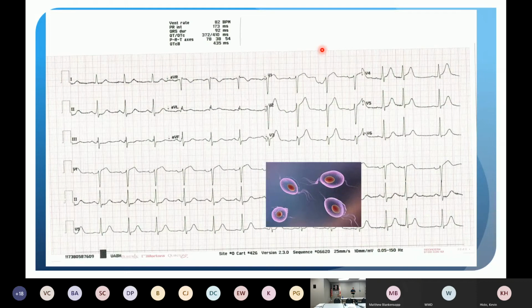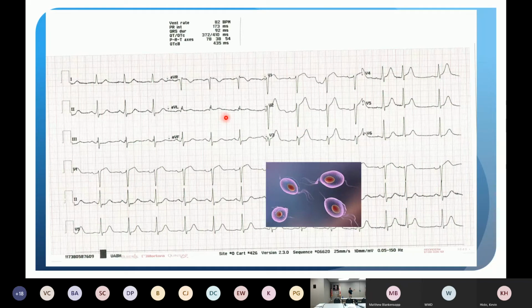Rate's okay, but we're up in V1, V2, V3. So we're thinking, oh, it's a bundle branch block, so not a STEMI. However, if you look, the QRS is 92. It's not greater than 120. I have a little bit of a Q-wave in AVL, you can maybe say it's not there.